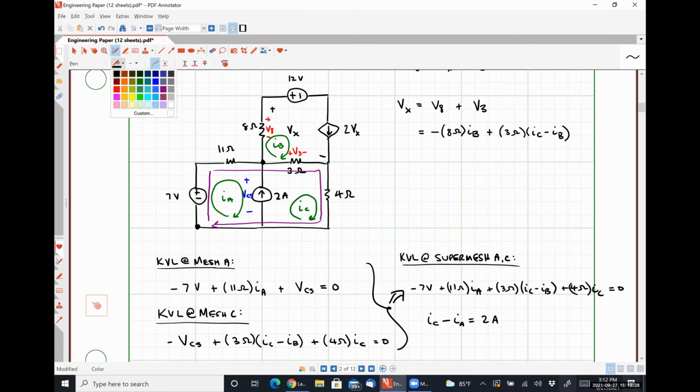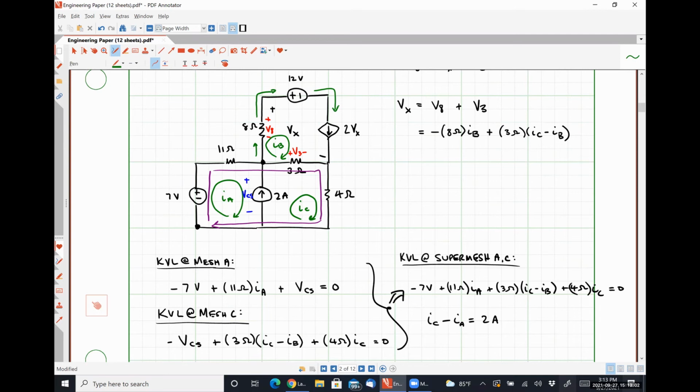As we follow IB around its clockwise path, it starts here, goes up, flows through the 8 ohm resistor, turns this corner, flows into the positive polarity terminal of the 12-volt source, turns this corner, and it is now flowing in the same direction as that current 2Vx. And it is the only mesh current that's flowing through that current source because the current source is on the edge of the circuit. So there's no opposing current that could cancel any portion of it out.